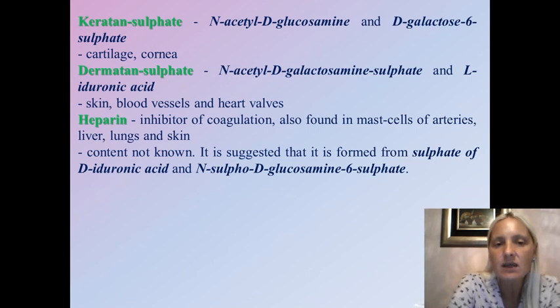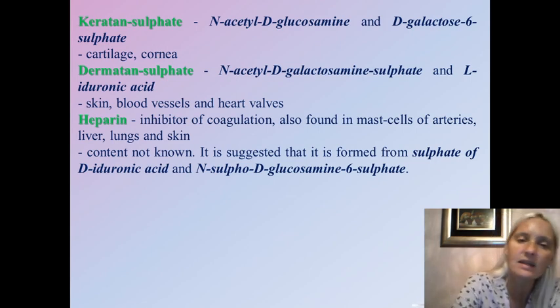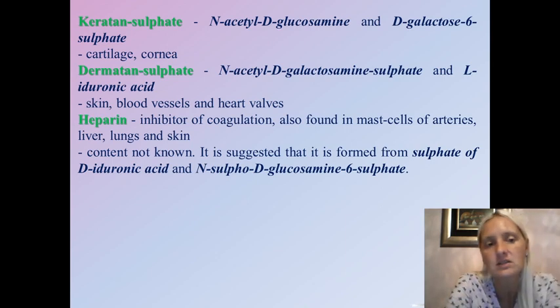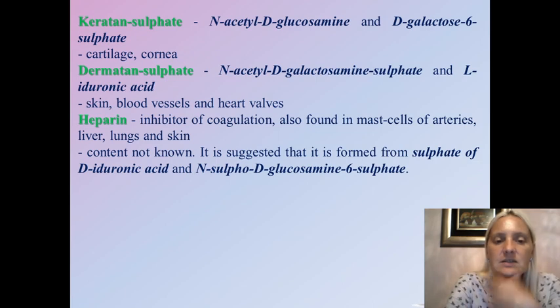The next one, keratan sulfate: acetyl glucosamine and D-galactose 6 sulfate are found in the structure, and it's found in cartilage and cornea. Dermatan sulfate, of course, its name says it's found in derma or skin. So it contains acetyl D-galactosamine sulfate and L-iduronic acid. And apart from skin, it's also found in blood vessels, heart valves, and so on.